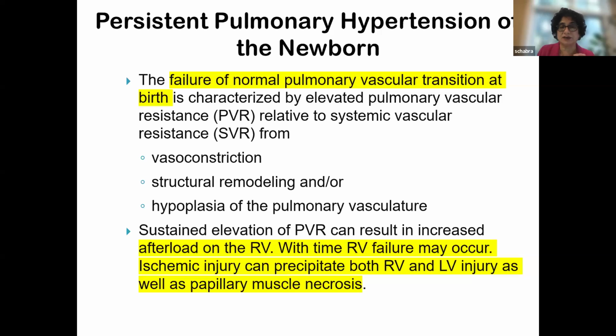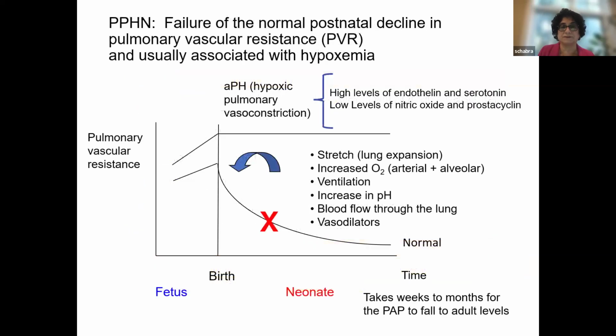If you have sustained elevation of pulmonary vascular resistance, it will ultimately increase the afterload on the right ventricle. And with time, right ventricular failure may occur, and ultimately ischemic injury can precipitate both right and left ventricular injury.